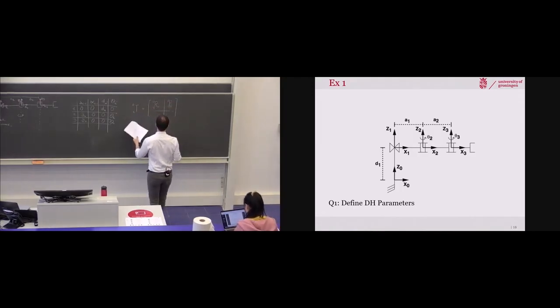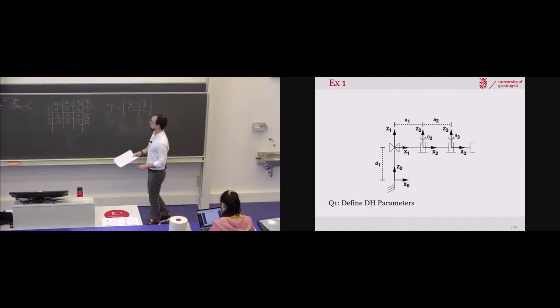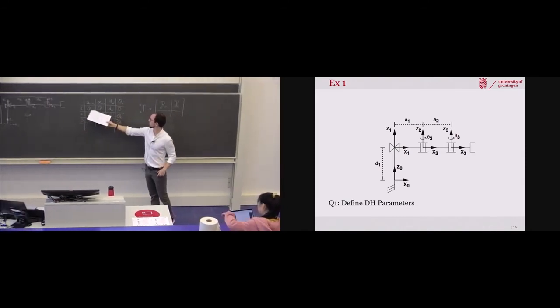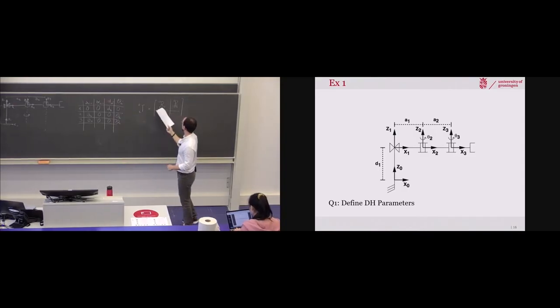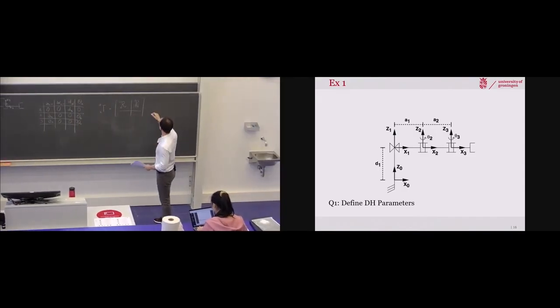If you look here, there is no rotation neither along the x-axis, neither along the z-axis. Therefore, this R01 is just equal to the identity: 1, 0, 0, 0, 1, 0, 0, 0, 1.